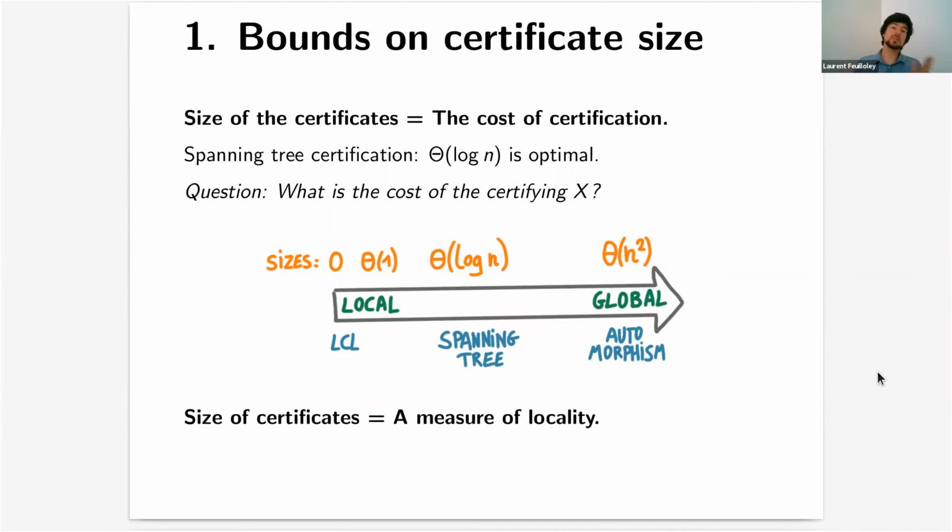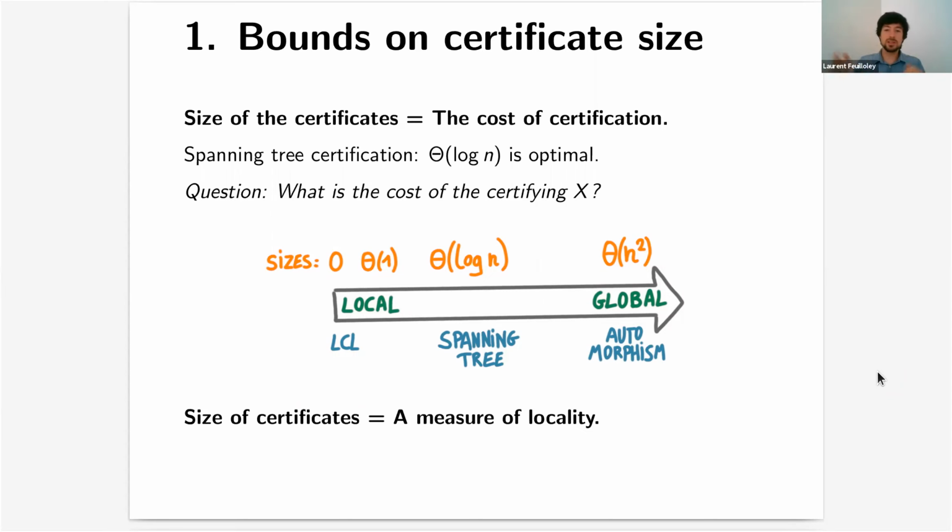And now you might ask, okay, I don't like spanning trees. I like whatever data structure X that is my favorite. What's the cost of certifying this? And that's a very good question, and people try to understand for various structures, how much does it cost to certify these things? What's the size of the labels?